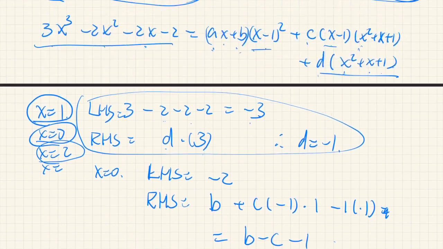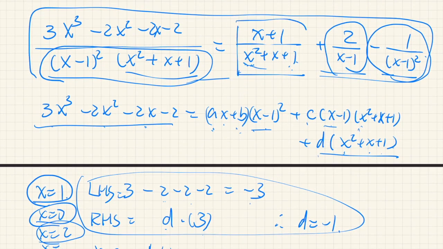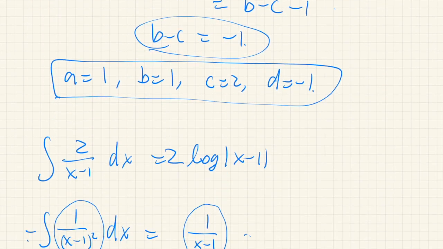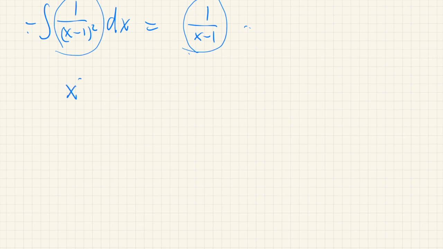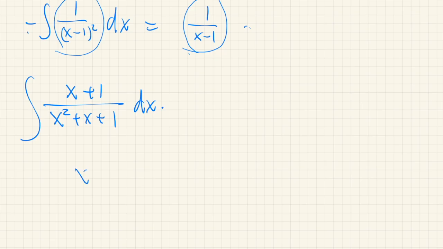And for this one, it's a little bit complicated. We have x plus 1 over x squared plus x plus 1. So how do we integrate this? If we look at the denominator, we have x squared plus x plus 1, and if we differentiate this, we have 2x plus 1.